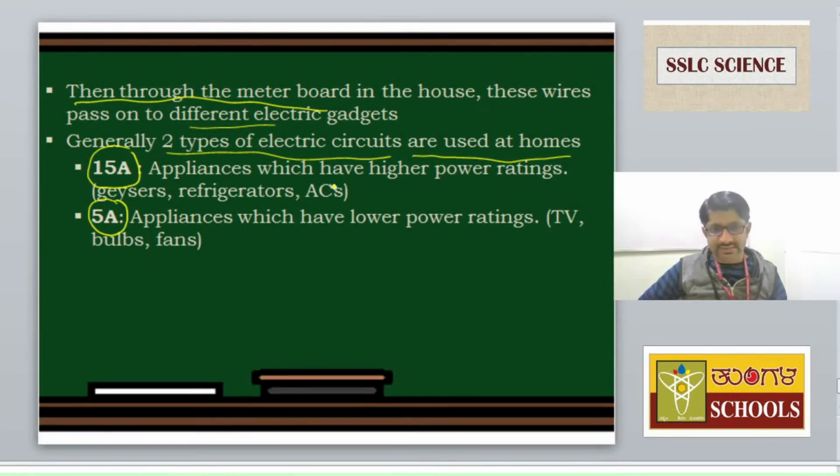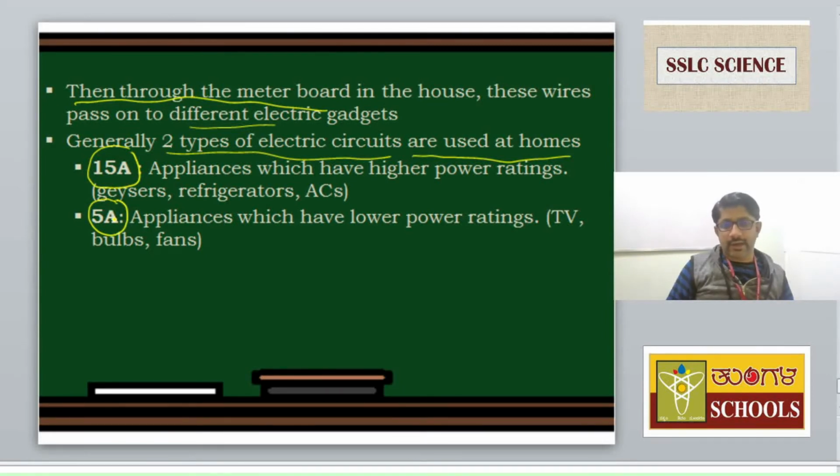Geysers, refrigerators, ACs are directly connected with 15 ampere supply. 5 ampere appliances have lower power ratings: television, fans, bulbs, tubes, etc. So they run through 5 ampere current.